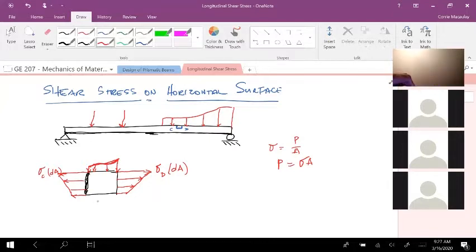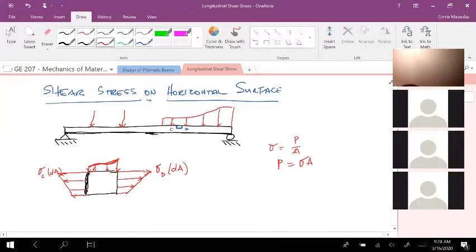What about this bottom section? Would you all say that there might be a force acting there? Yeah, it would depend on how far away it is from the center line. So say I cut this section out, or not cut it out, but I'm trying to look internally into that section.